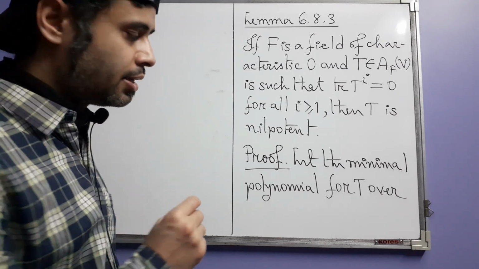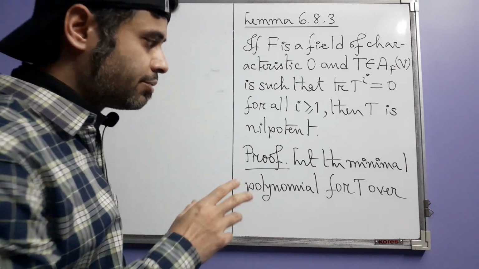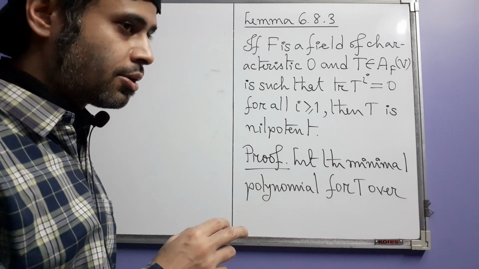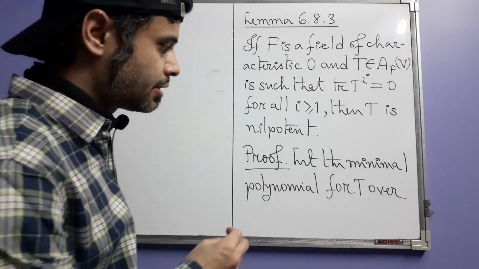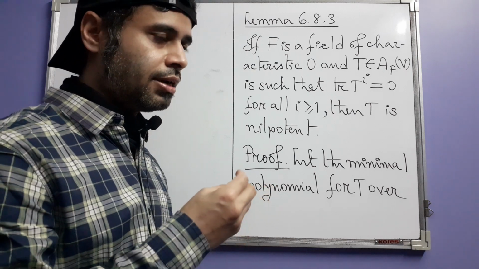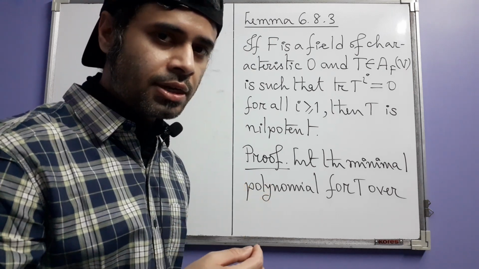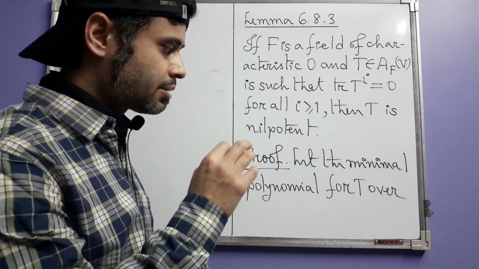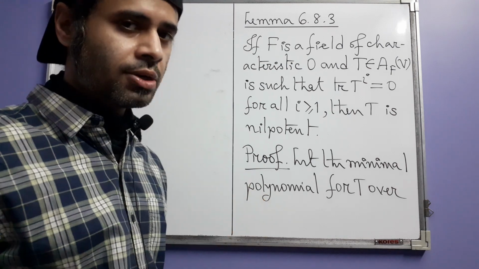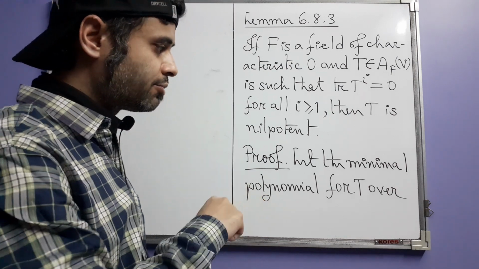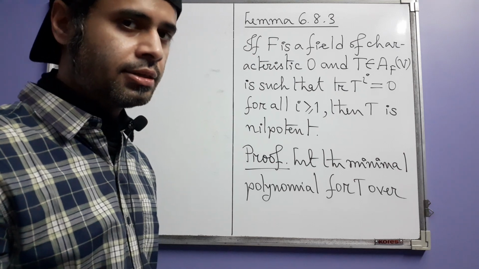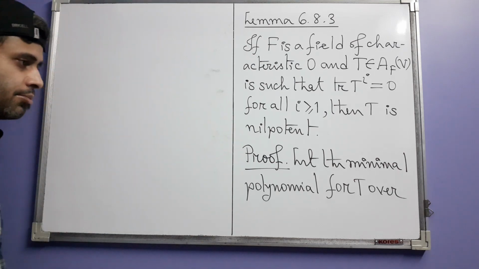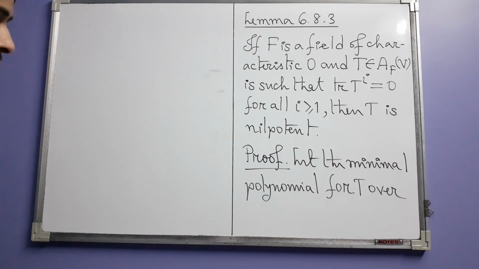The actual definition of minimal polynomial does not give us a unique polynomial. It only tells us that it has to be a polynomial which T satisfies, and also it must have the minimum possible degree. But on top of that, if you assume that the polynomial is monic, then you get only one such polynomial, a unique polynomial.